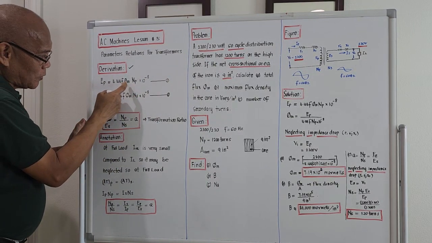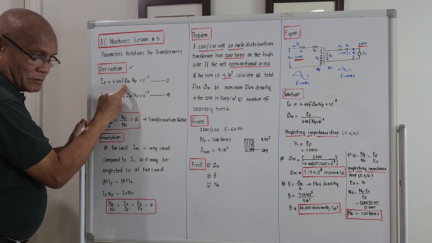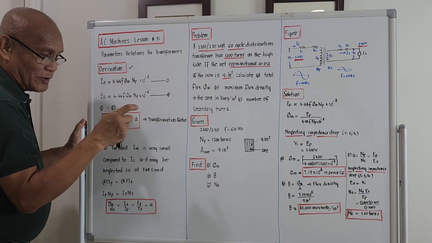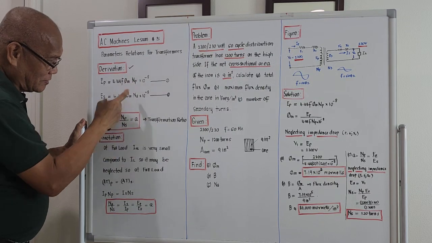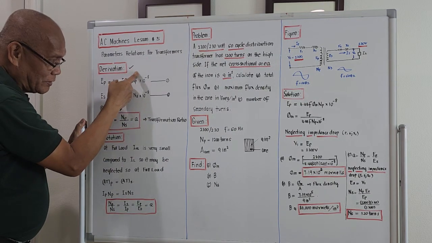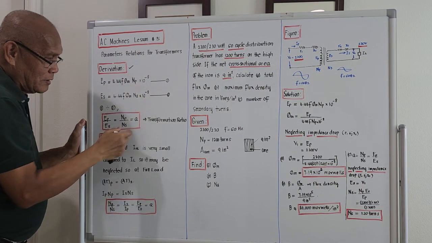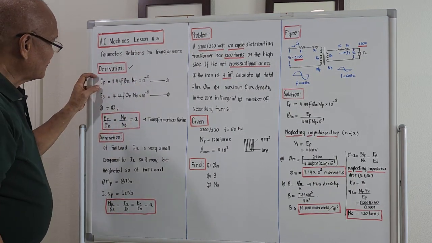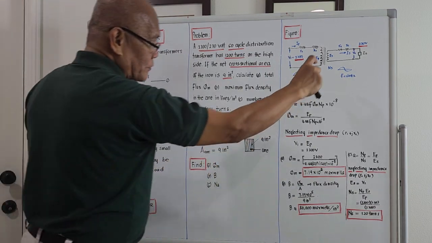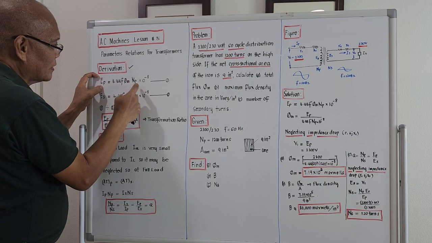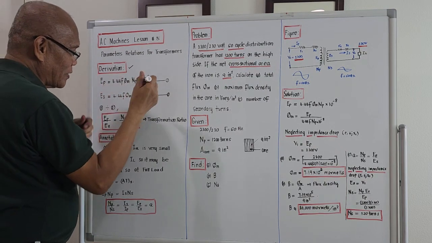The subscript for flux is just for the maximum value. But the important thing here is that the capital letter N, the number of turns, should be with the subscript P, meaning primary turns. The primary induced voltage should be equal to the product of this times N sub P times 10 to the minus 8. That will be equation number 1.